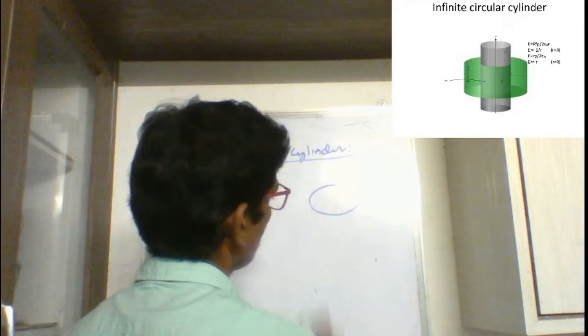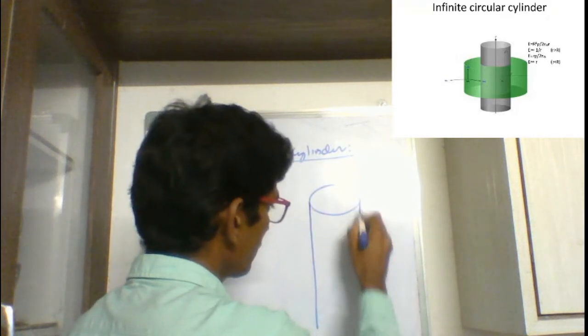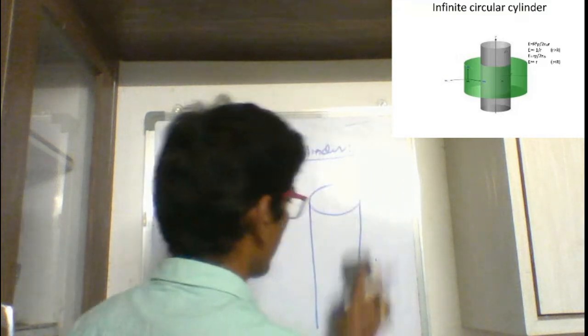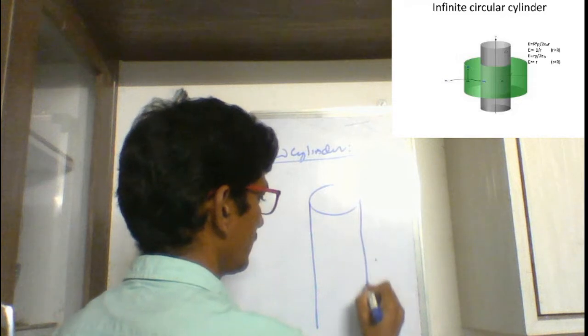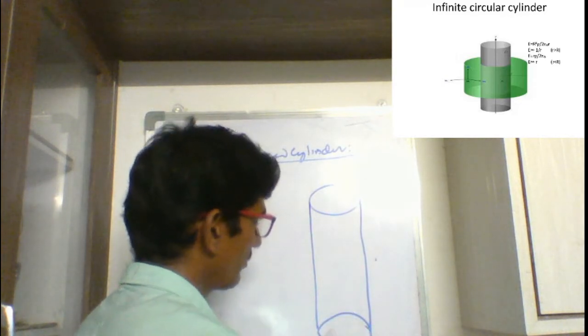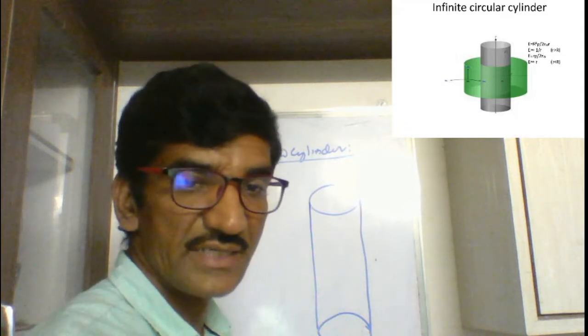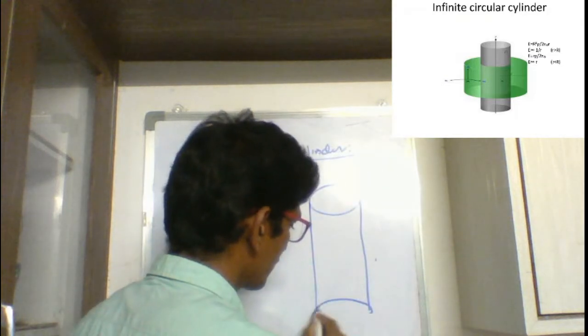See, this is the top portion, and this is the lateral surface. This is the bottom portion of this cylinder. Just reduce the dimensions.